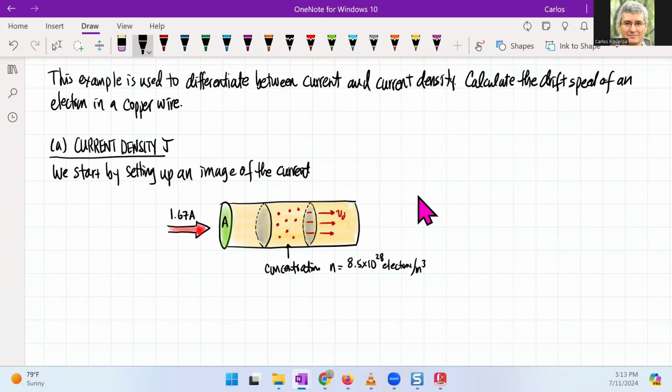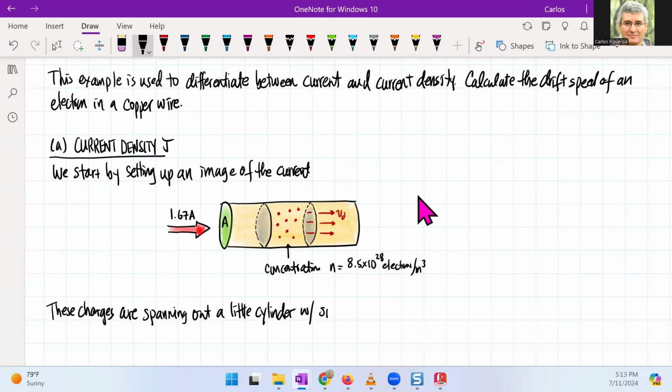So these charges, as we've just shown, are spanning out a little cylinder with some concentration.